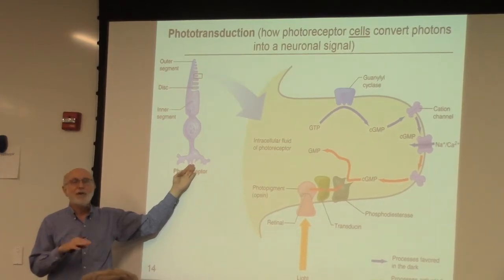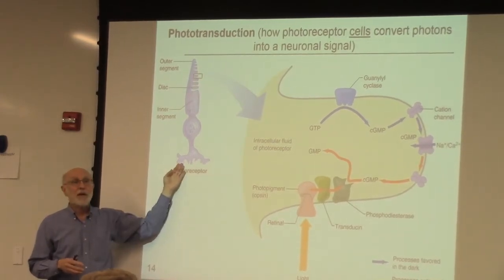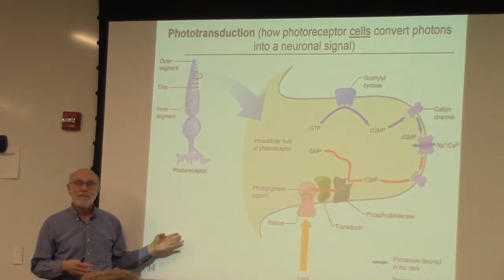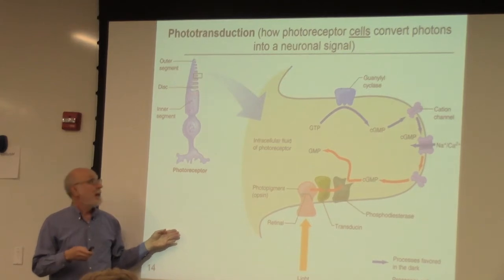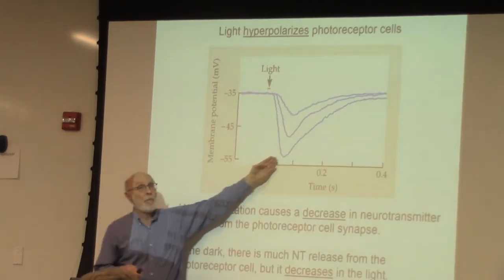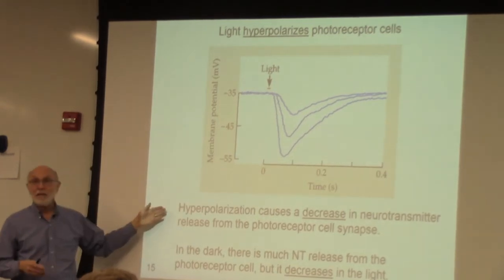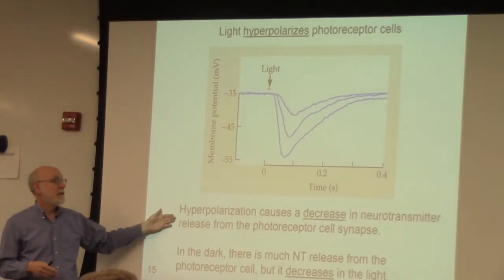I mean, the neurotransmitter is not dark, but in the darkness, this cell is releasing neurotransmitter to trigger changes in the downstream cells. In the dark, this cell is releasing neurotransmitter. In the light, the hyperpolarization closes voltage-gated calcium channels and causes a decrease in neurotransmitter release.